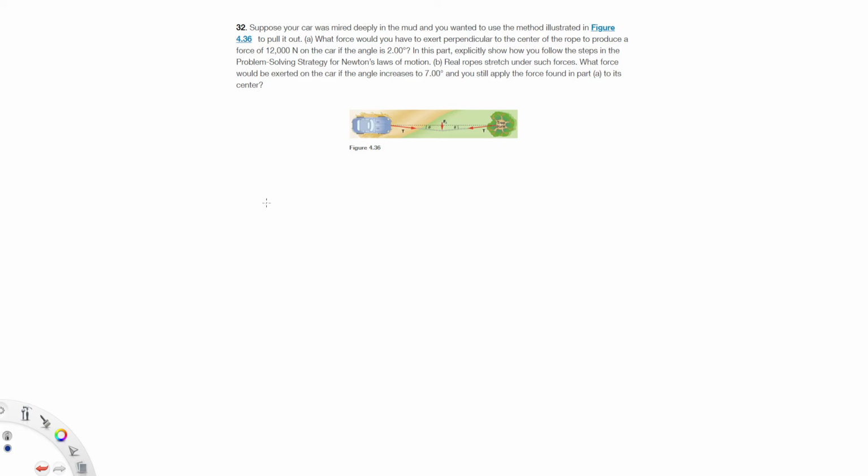Okay. So let's actually redraw this a little bit bigger so that we can tell what's going on. We've got car, we've got tree, and if we just tied the cable between them, right? The cable would take a straight distance. But we're pulling on the cable somehow, maybe with another car, and so the cable is bent.